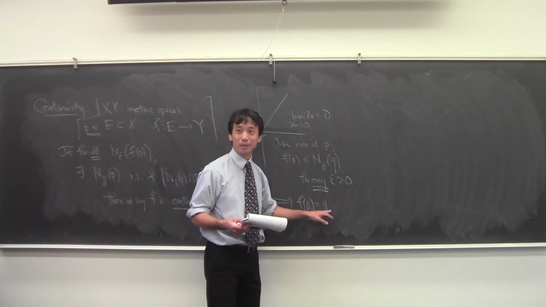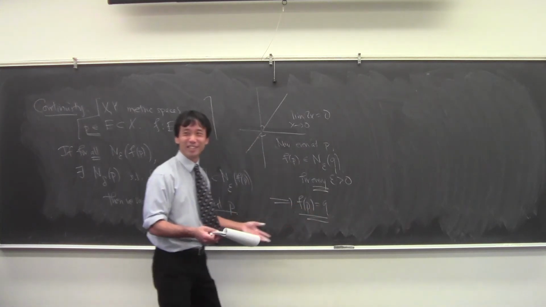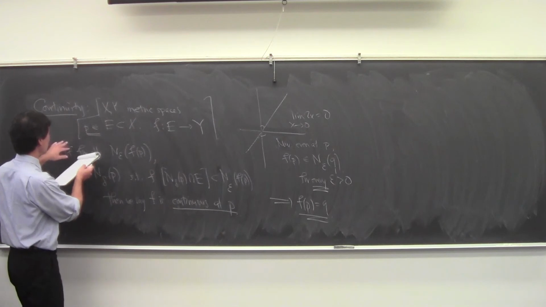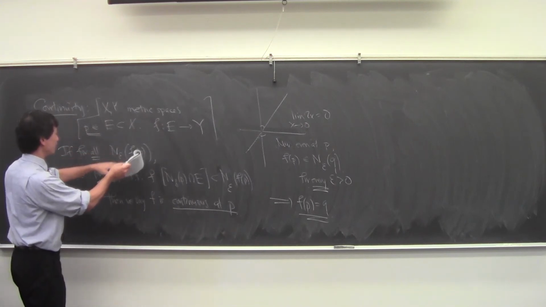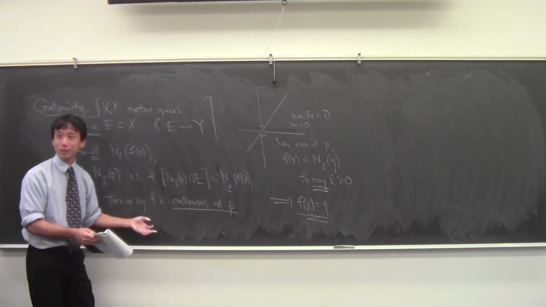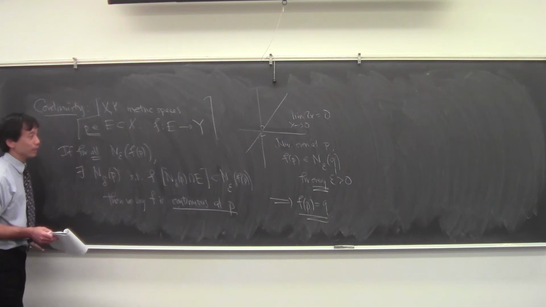If you used Q, you would say Q turns out to be f of P. So I could have written, if there exists a Q such that for all neighborhoods and so on, we say f is continuous at P, and then Q turns out to be f of P. That's fine.